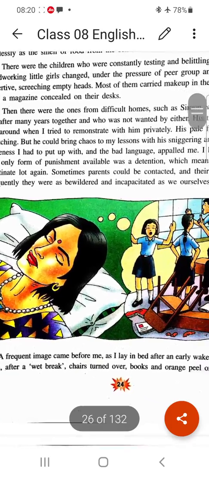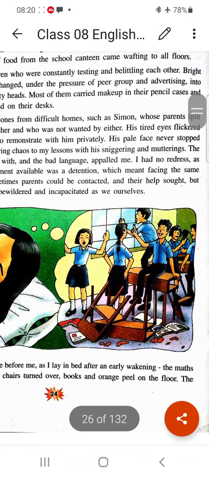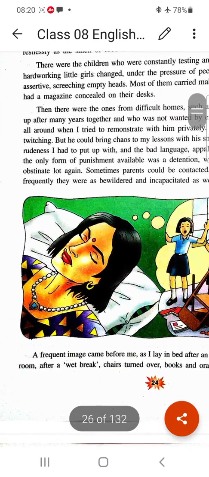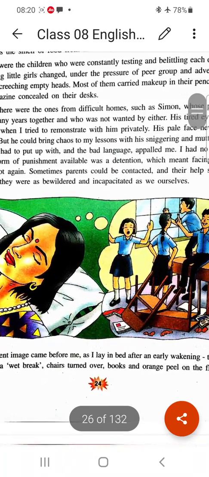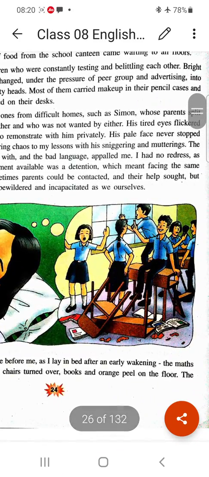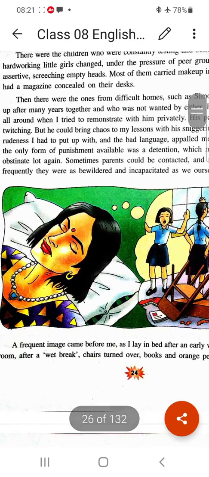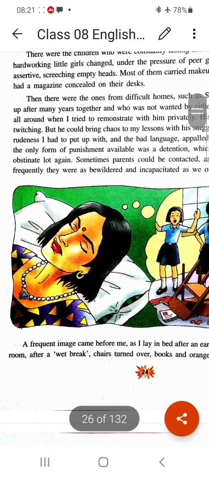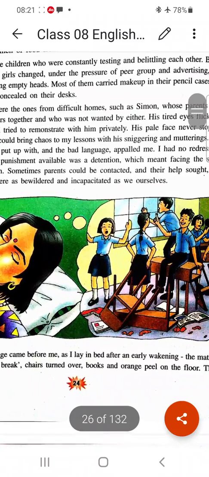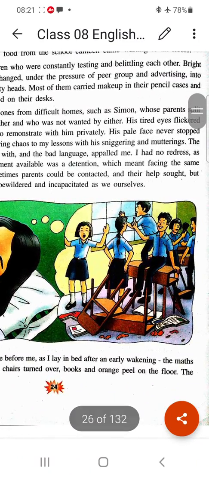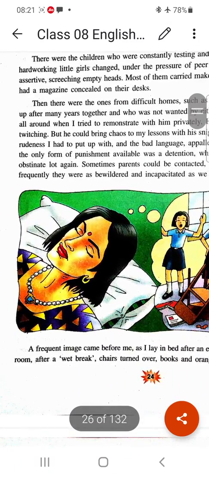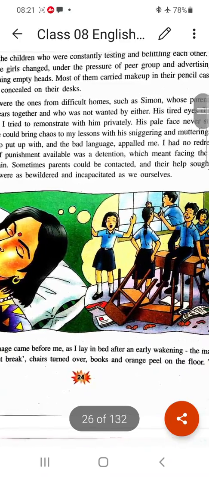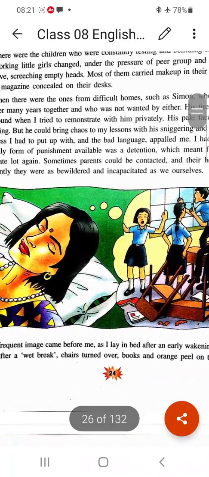Then there were the ones from difficult homes, such as Simon, whose parents split up after many years together and who was not wanted by either. His tired eyes flickered all around when I tried to remonstrate with him privately. His pale face never stopped twitching, but he could bring chaos to my lessons with his sniggering and mutterings.